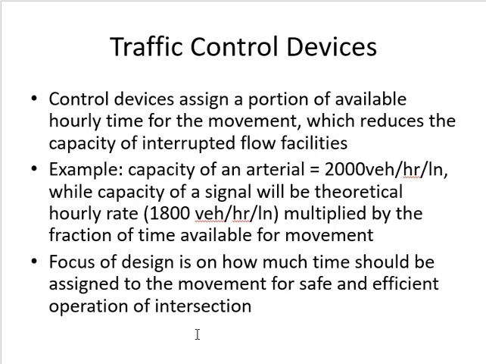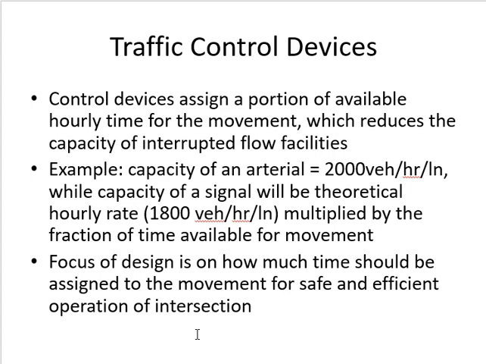Okay, so what do traffic control devices do? They stop one movement, allow the other. So the part of the time when the movement is stopped is not available to them. Okay, obvious example: a signal. Signal becomes red. That part of the time is not available to you. It's available to somebody else, and that somebody else will also have a red at some point of time.